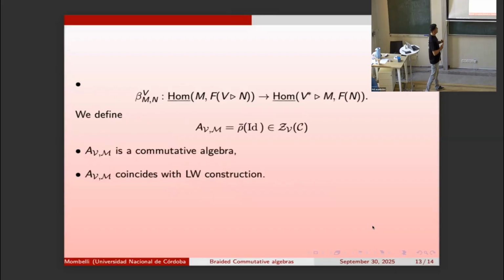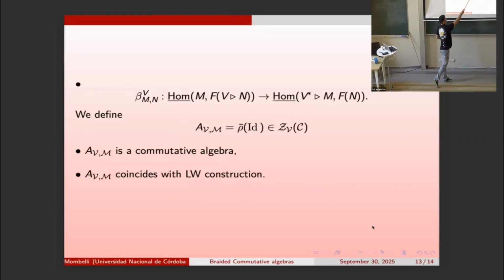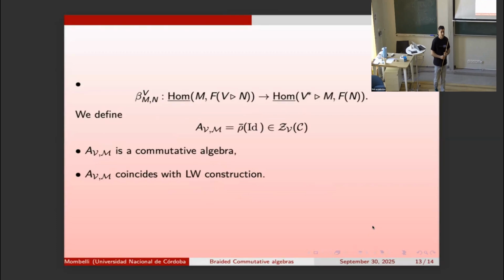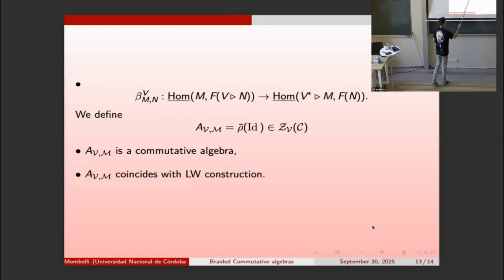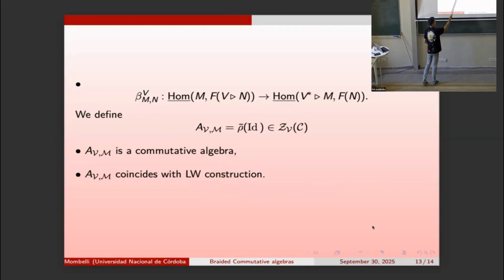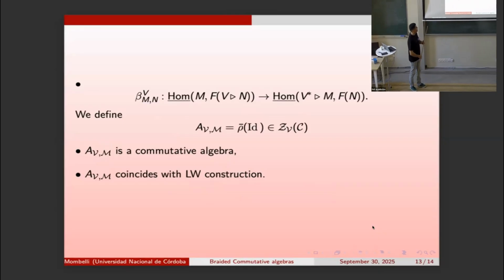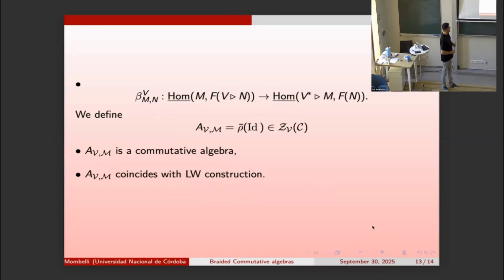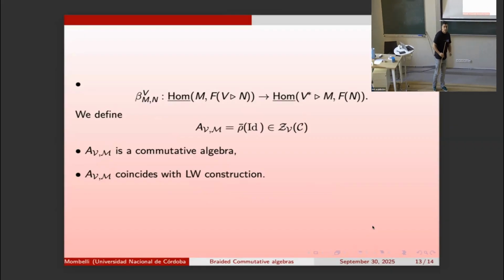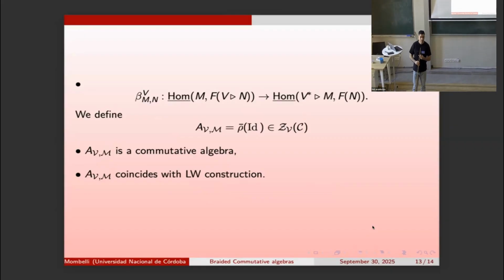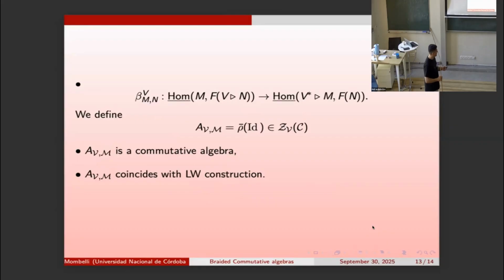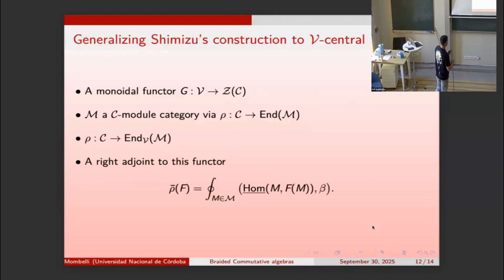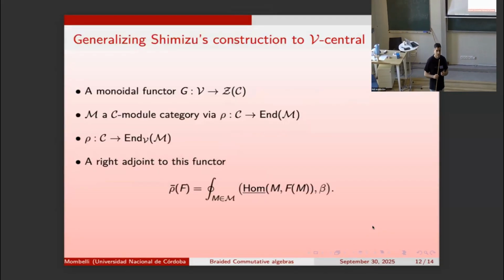So again, when you apply this functor to the identity, and since this functor is a lax monoidal functor, it sends algebras to algebras, and then we recover the Laugwitz and Walton construction, that this is again a commutative braided algebra inside the relative center. I'm just confused. From the last slide, it looked like the adjoint would have landed inside of C, not the relative center.